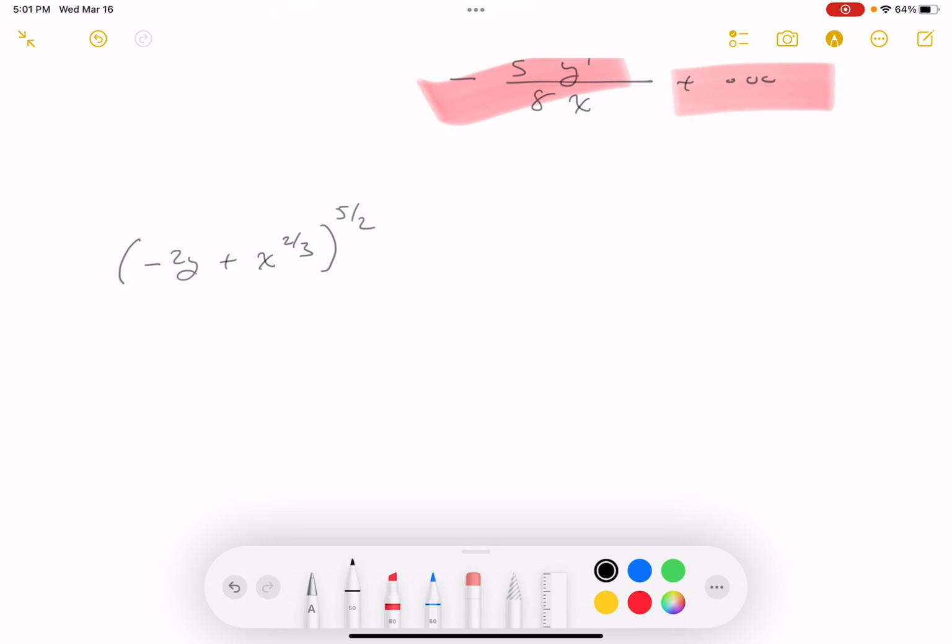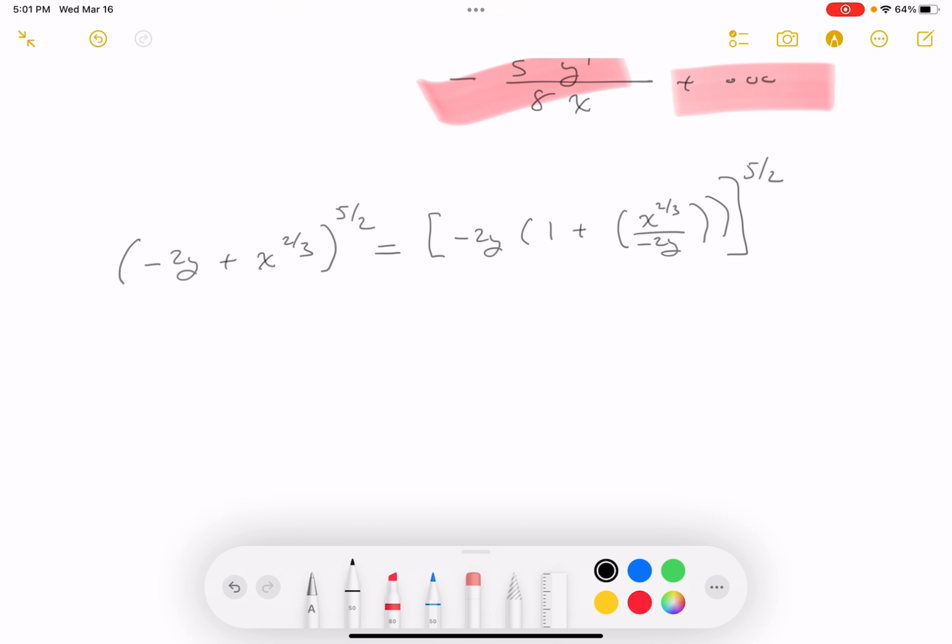And that's fine. You can do that. Not a problem. Then they'd factor out the minus 2y. And what would they get over there? They would get 1 plus, I'm going to put this in parentheses, by the way, x to the 2/3 over minus 2y. And this is all being raised to the 5/2 power.